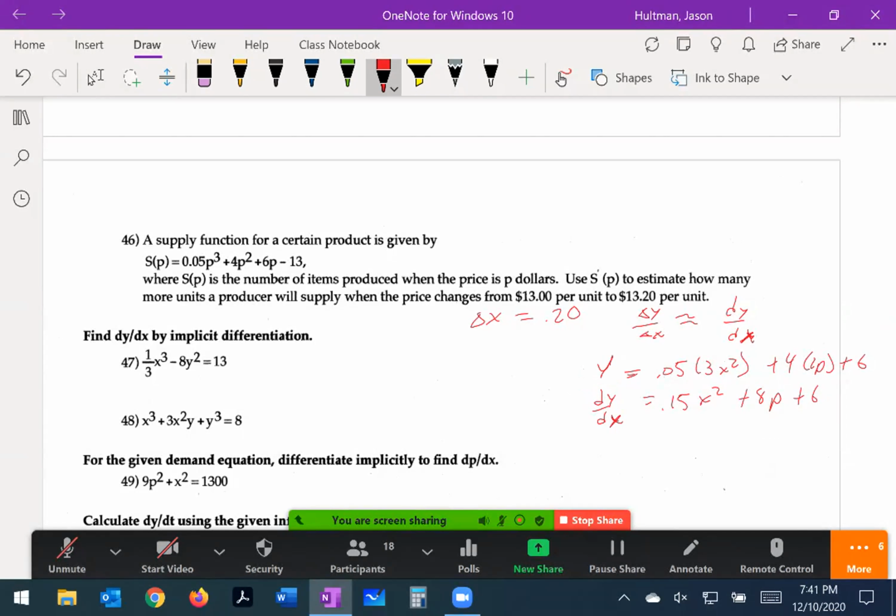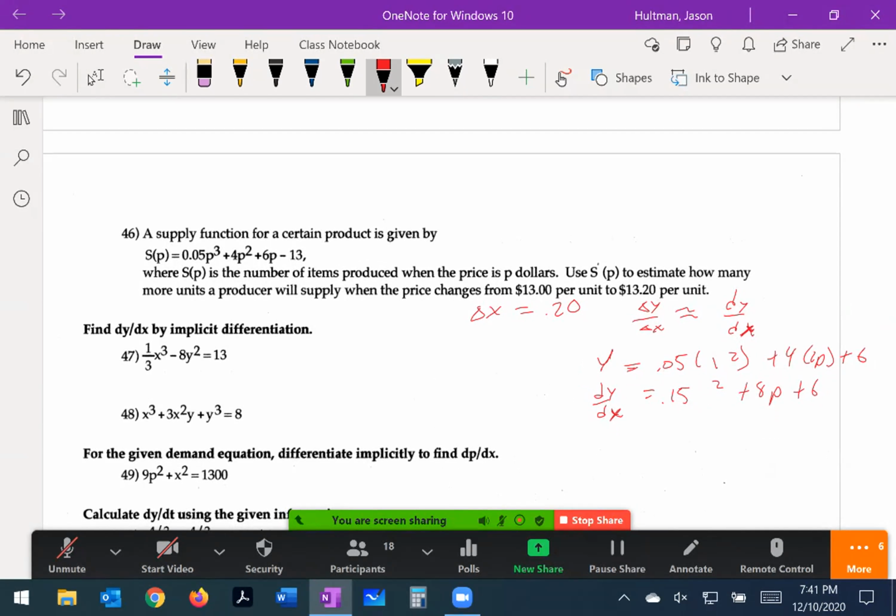Okay, and so they're saying we want to estimate this. Oh, this is a p, sorry. These are p's. Well, whatever, I'll just change them all to x's, just to be consistent. And so the x is our starting point.